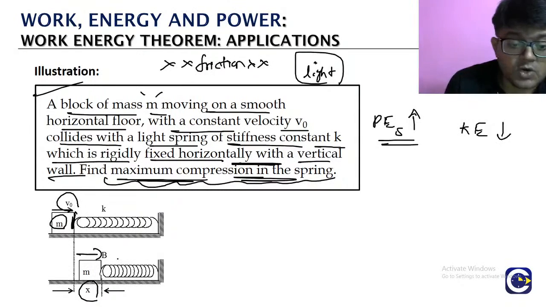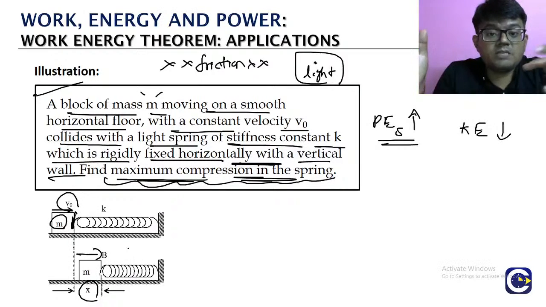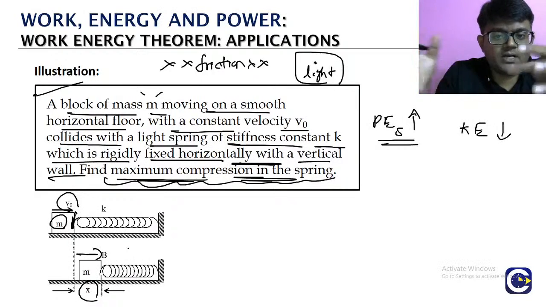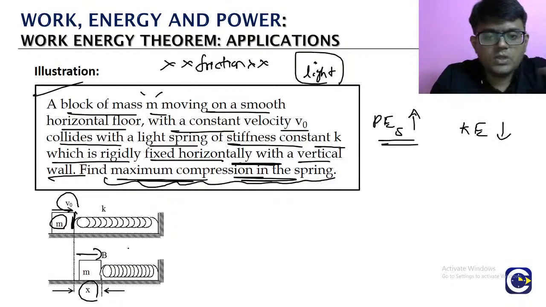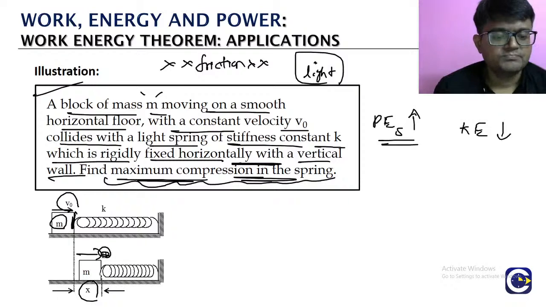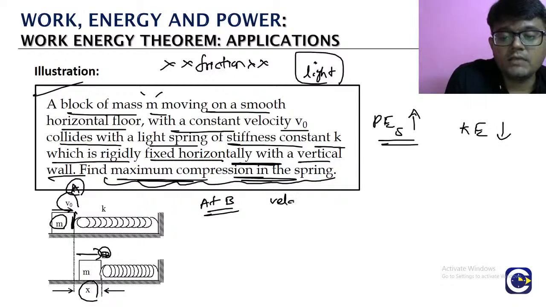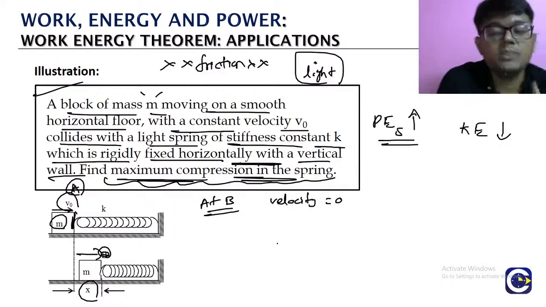Maximum compression means what? When we say maximum compression, the block velocity must become 0. That is it, right? Because the block is not able to compress the spring anymore. That is what you will consider as the maximum compression case. Means maybe you can take the initial point as A, and this maximum compression as point B. At point B, the velocity will become 0.